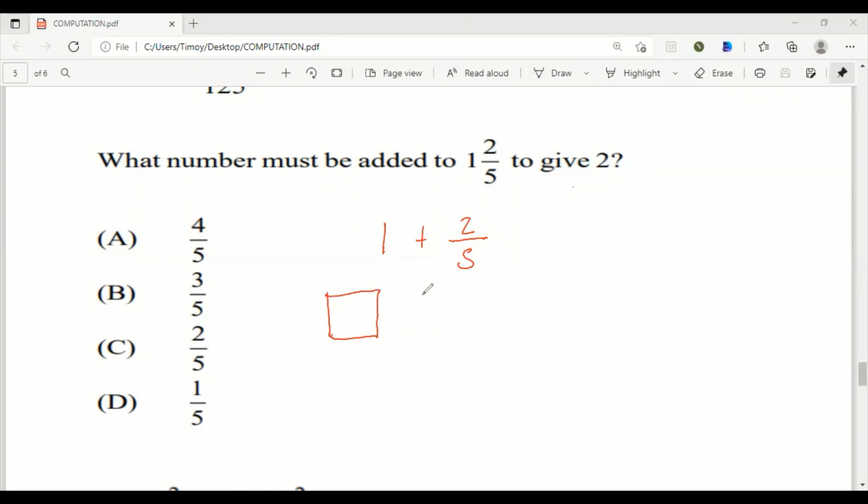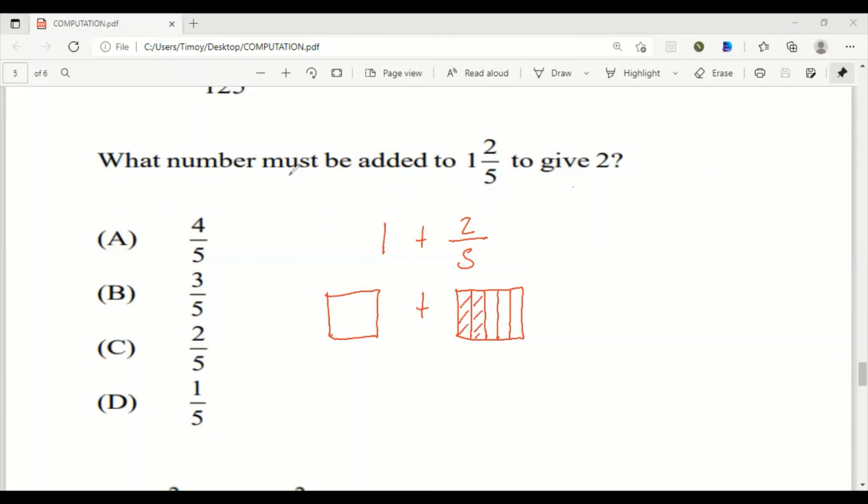And then we have another square cake, which is the same size, that is divided into 5 equal parts. So that's 1 part, 2 parts, 3 parts. That's 5 equal parts there. Now, so this is 2 parts out of 5.